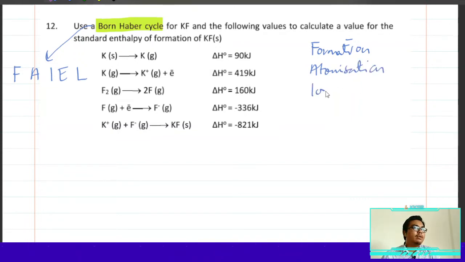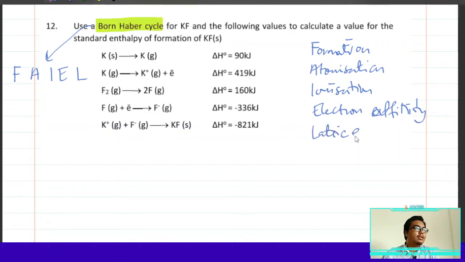I is for ionization process, ionization energy. And then kita ada E for electron affinity, which is the reverse of ionization. And then L is for lattice energy.